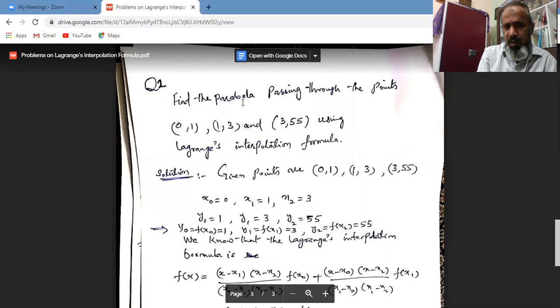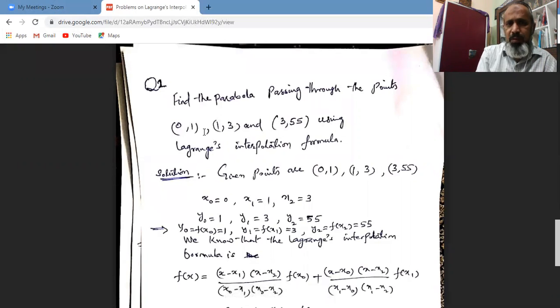The parabola is passing through the points (0, 1), (1, 3), (3, 55), which means the x values are 0, 1 and 3. So corresponding y values are 1, 3, 55. So the given points are (0, 1), (1, 3) and (3, 55). So 0 is nothing but x0, x1 is 1, x2 is 3.